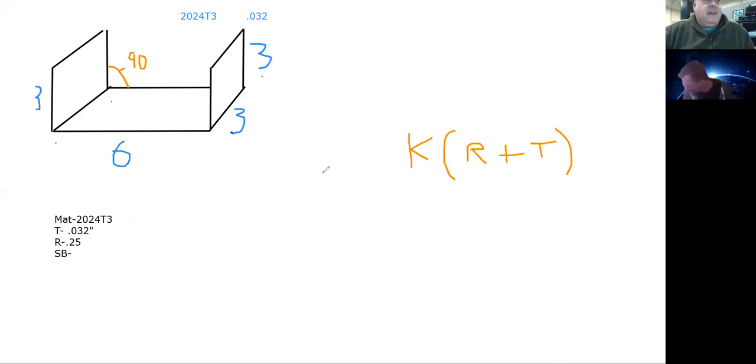It tells us that on 90-degree bends, which these are, the K value is 1. So since we have a K value of 1, what does that mean we get to do to this formula? We just get to omit the K value and go with the radius plus the thickness. Right, because the K value is 1, anything times 1 is going to be itself. So we get to make this formula a lot simpler. So our setback becomes radius plus thickness. And what do you get if we add the radius and the thickness?